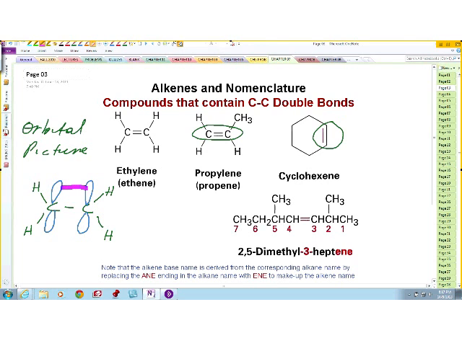There also is a side-to-side overlap of the p orbitals, in which you could envisage that the 2 electrons are being shared by the nuclei of these two atoms.